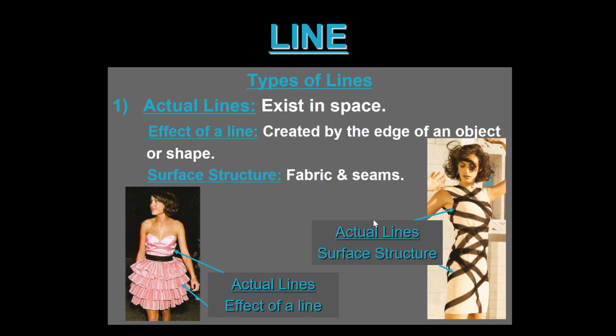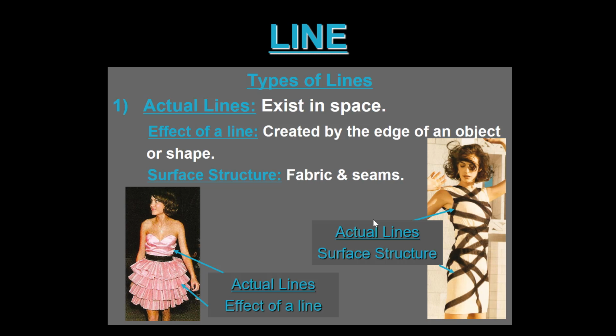So you can see in some of these visuals, like this pink dress, those outer boundary lines that create the silhouette and create that ruffled effect are actual lines. They physically exist in space. We can see them as an edge of an object, and they create a shape.